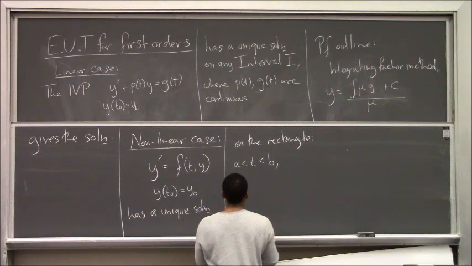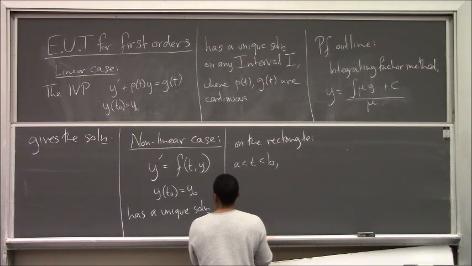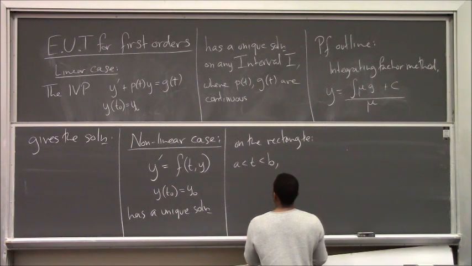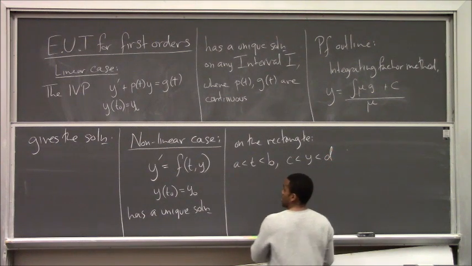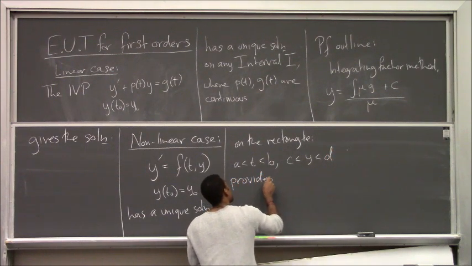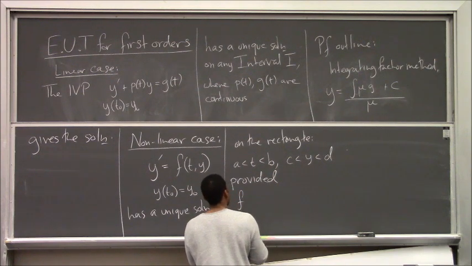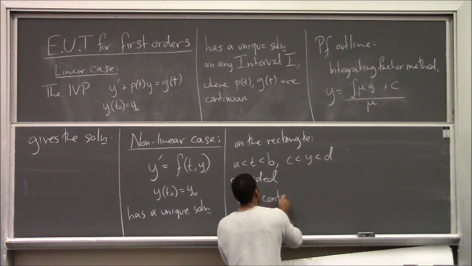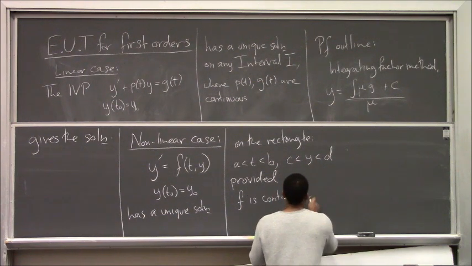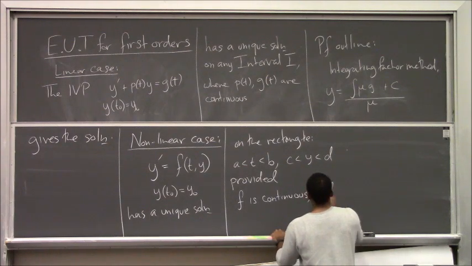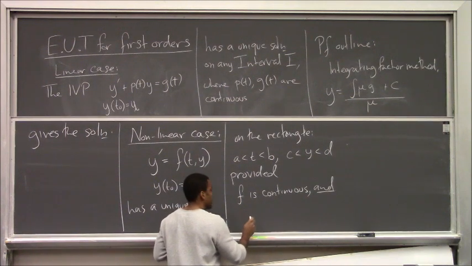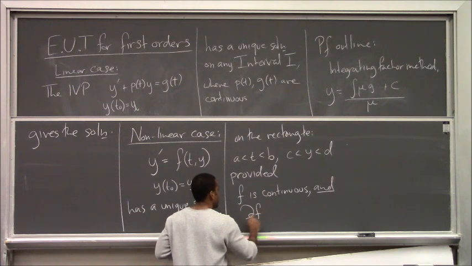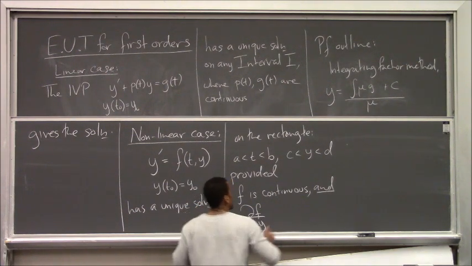So that's our independent variable. There will be a range on which the independent variable will give the solution, provided, one, f itself needs to be continuous, and two, and now this is a weird condition, this is typically the condition given, even though there's another condition that could work in this place: the partial derivative of f with respect to y is also continuous.